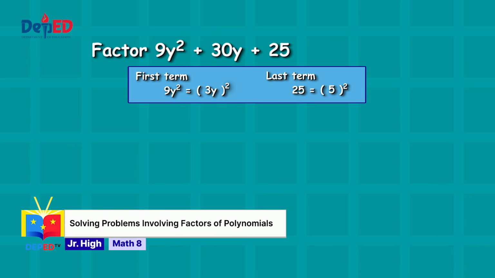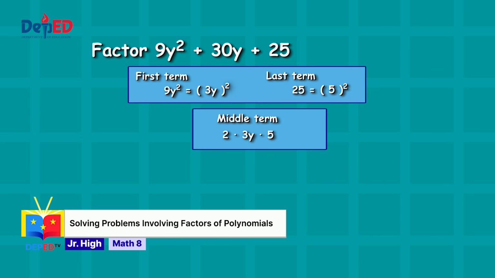Let us then double check if the trinomial is a perfect square by getting the product of those expressions and multiplying it by 2. What is 2 times 3y times 5? That product is 30y, which is equal to the middle term.